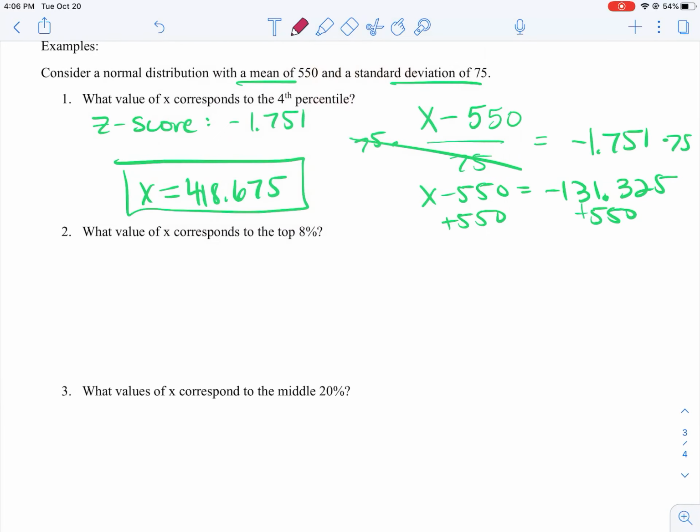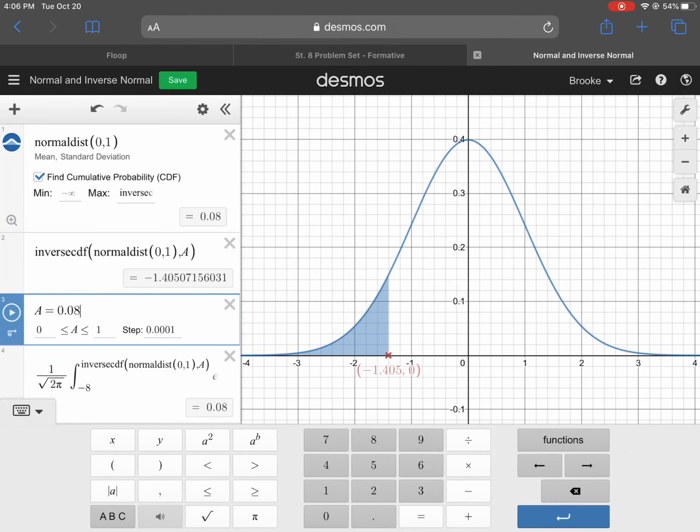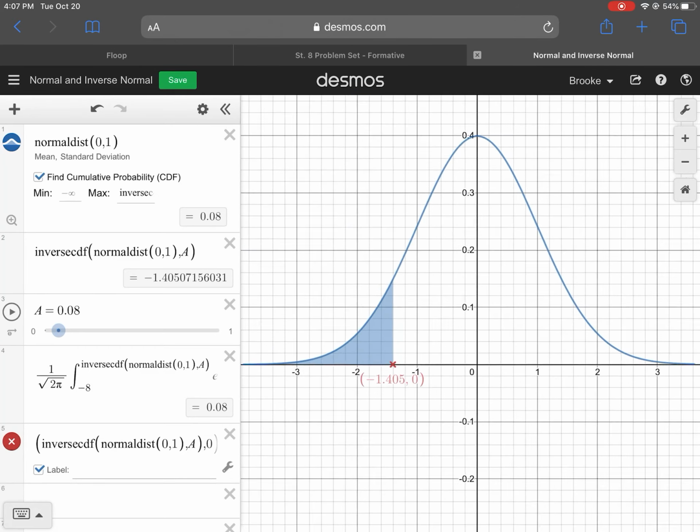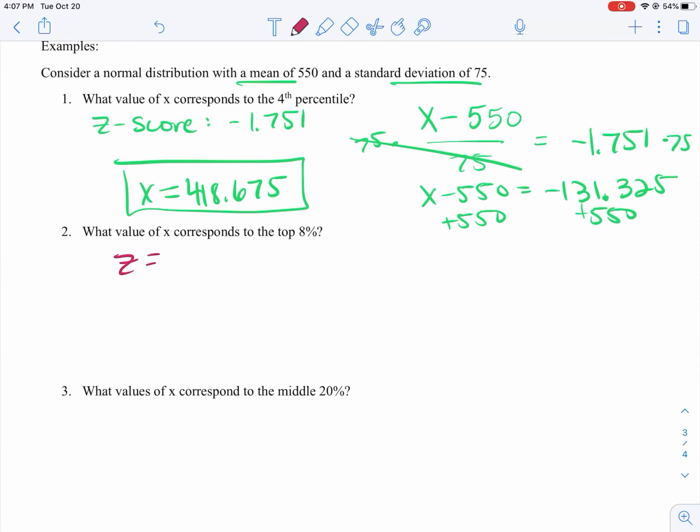The next question is asking about the top 8%. So remember, with the top, we have to do some different things here. I'm going to go ahead and type in 8% and then use the opposite. So I'm looking down here at my z-score. I can see that my z-score is going to be positive 1.405. Remember, I'm using positive because I wanted the top, even though I know it showed the bottom.